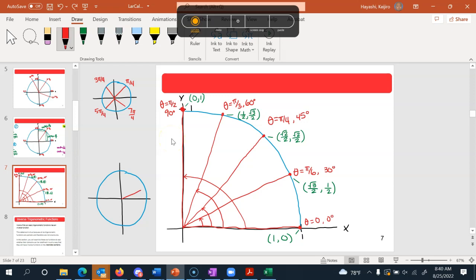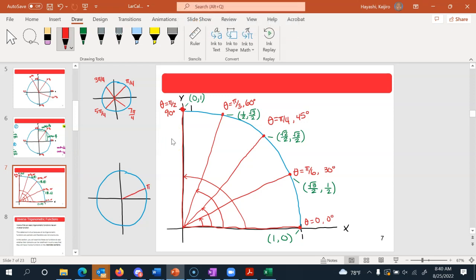Now, if this angle is pi over 6, going that same amount again would result in 2 pi over 6. But that simplifies to pi over 3. Going a third time would result in 3 pi over 6, which simplifies to pi over 2.